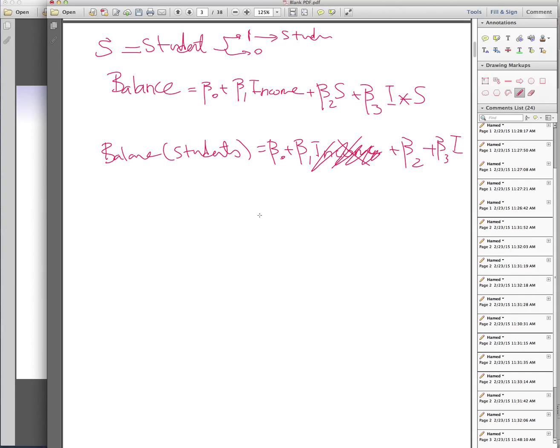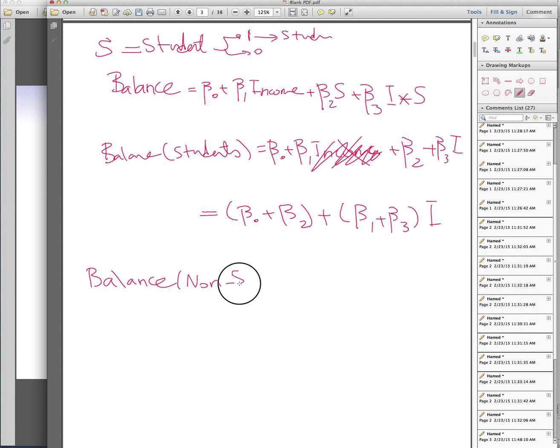So if I rewrite it, what we get is just beta 0 plus beta 2 plus beta 1 plus beta 3 times I. So that's for students. Balance for non-students: non-students will become beta 0 plus beta 1 income.